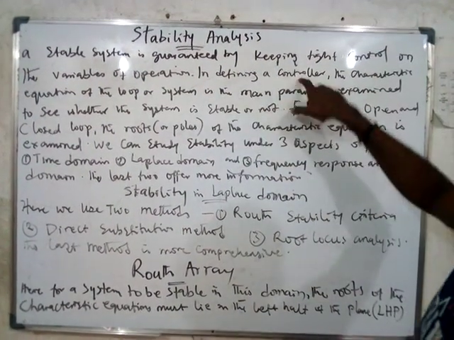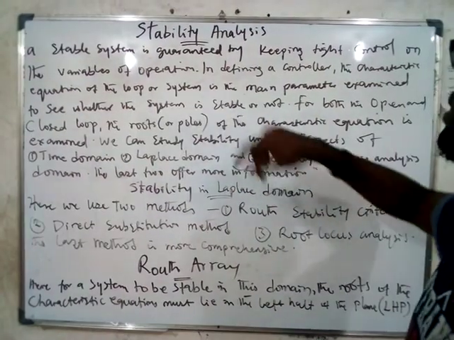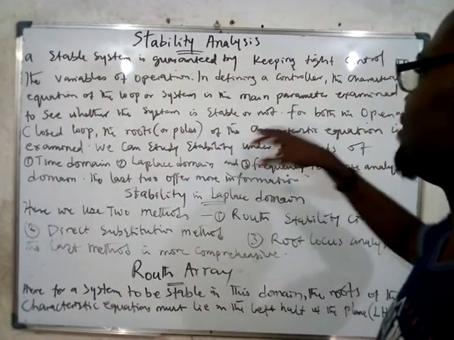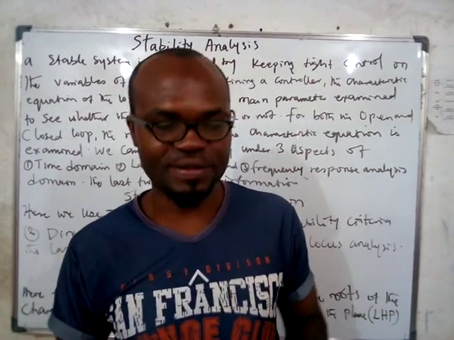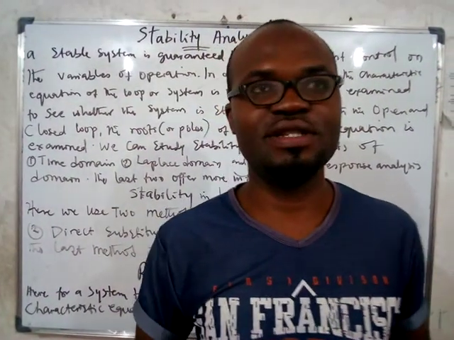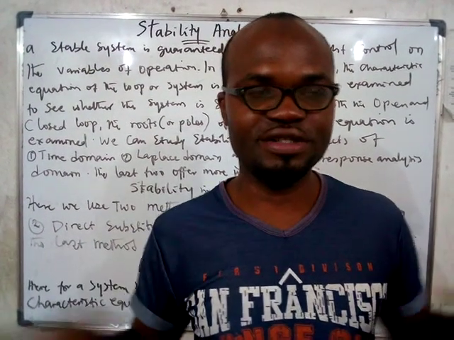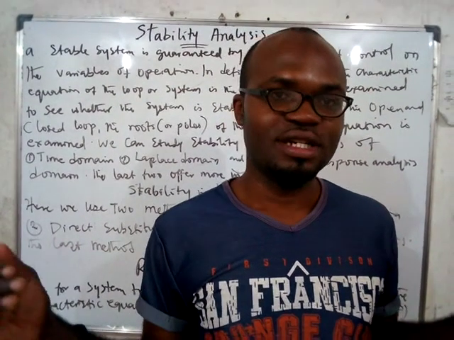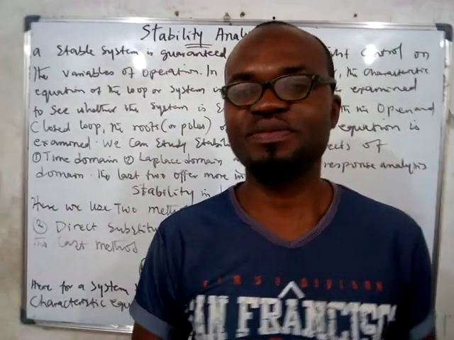In defining a controller, the characteristic equation of the loop or system is the main parameter examined to see whether the system is stable or not. You see, we said that for you to do a very good system analysis, you need to do mathematical modeling of the system, converting the relationship between the variables into an equation, most comfortably a linearized equation.